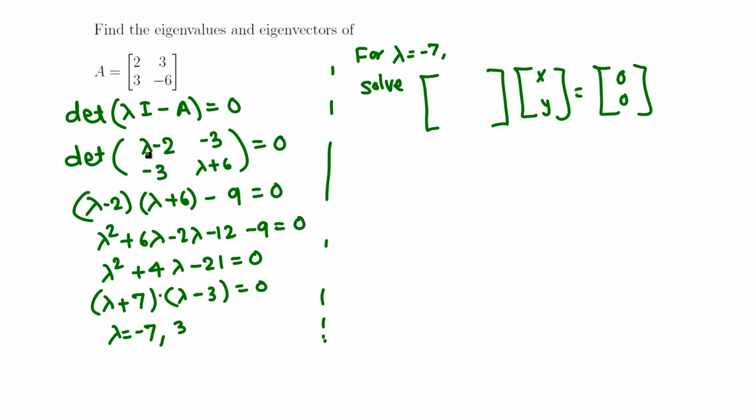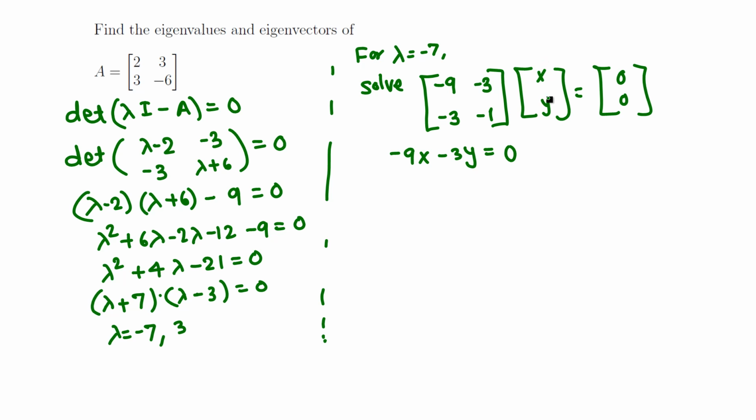With lambda equals negative 7, plug in here: negative 7 minus 2 is negative 9, minus 3, minus 3, and negative 7 plus 6 is negative 1. Times x y equals 0. Now we need to solve the system. Multiplying this row times column, this is negative 9x minus 3y equals 0.